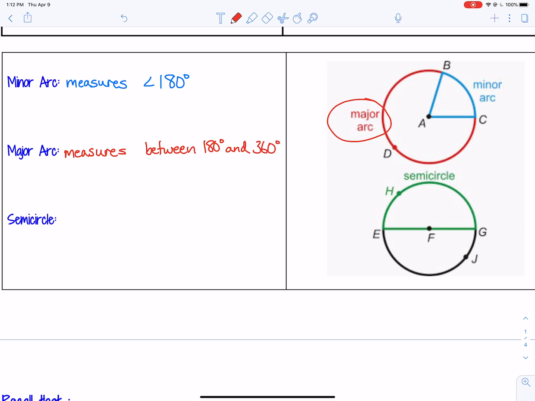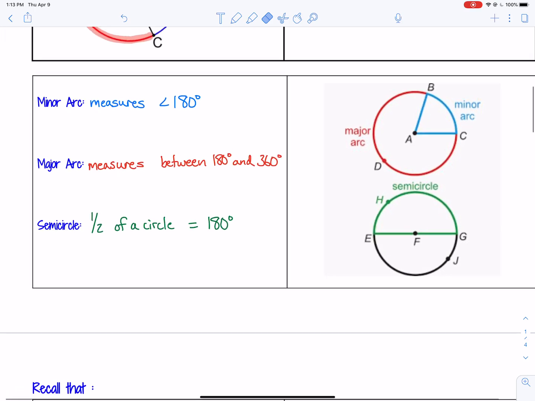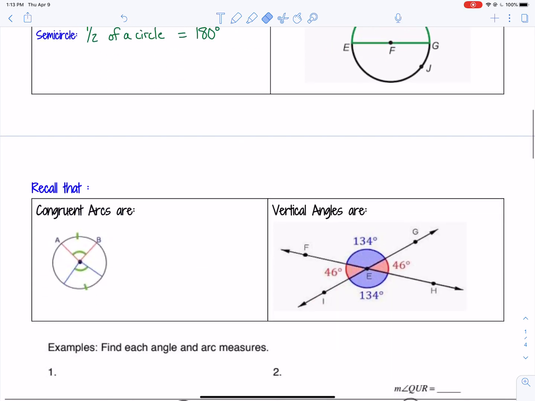And then a semicircle, pictured nicely over there in green, is exactly half of the circle, which is 180 degrees exactly. Major arc is just greater than 180, but of course less than 360. And then a minor arc is less than 180, and of course greater than 0.